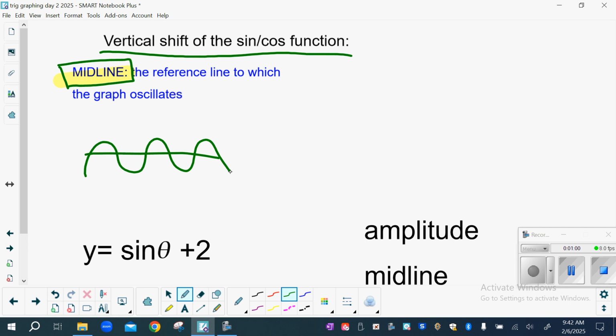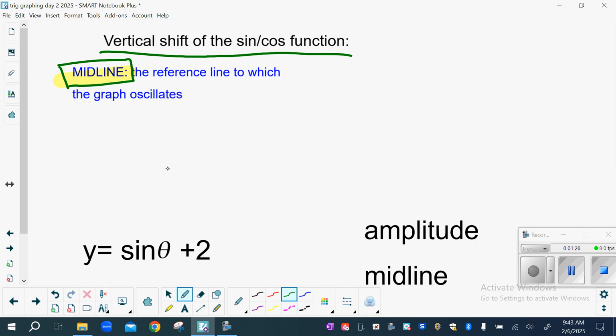But there's going to be a middle line, and it's called the midline. And today, we are not necessarily changing how much your heart rate is going up and down. What we're changing is your whole blood pressure. It's either shifting really high, or maybe you're getting a massage after you saw a shark, and you're really, really relaxed, right?